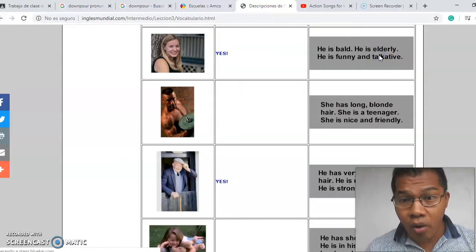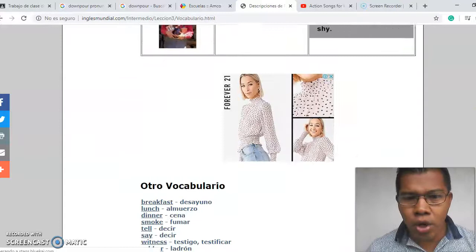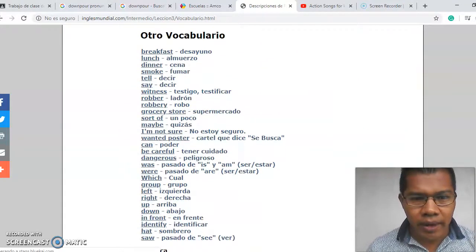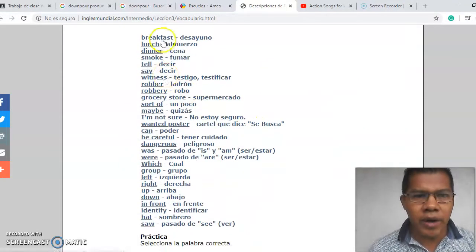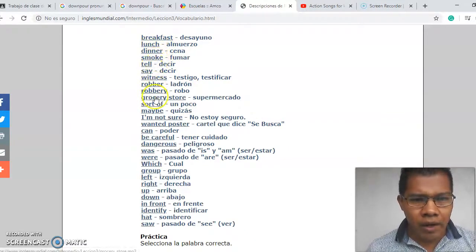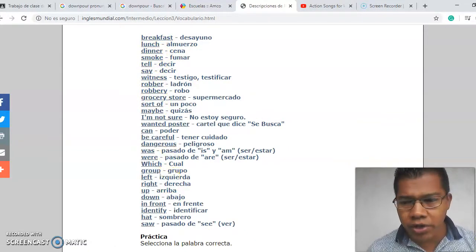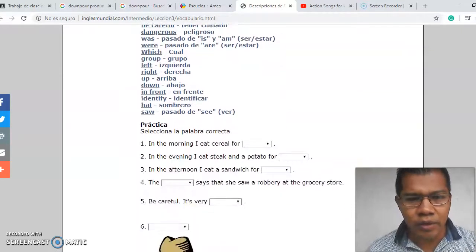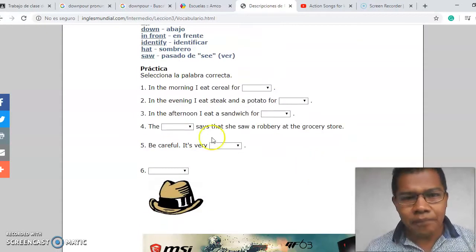I remember this one. Oh yes, and this is how I can practice more of these words. Okay, and I have some other words: breakfast, lunch, dinner, smoke, tell, and all of these expressions and words that can help me improve in some other options. And I have more exercises.